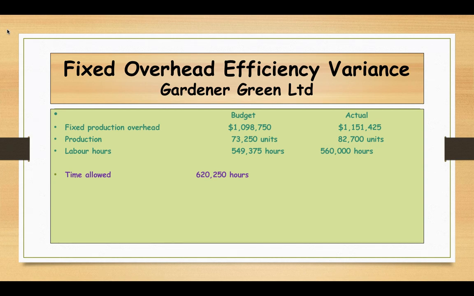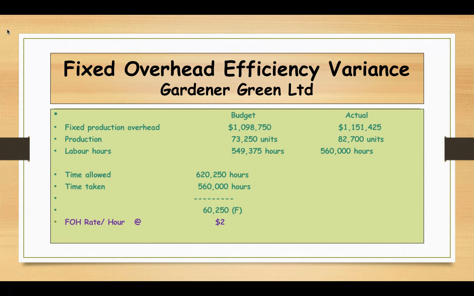So the time allowed is 7.5 hours per unit times 82,700 units. We get 620,250 hours. But the time taken is 560,000 hours. So we have saved 60,250 hours. So it's a favorable variance. Now we need to convert that into money value.